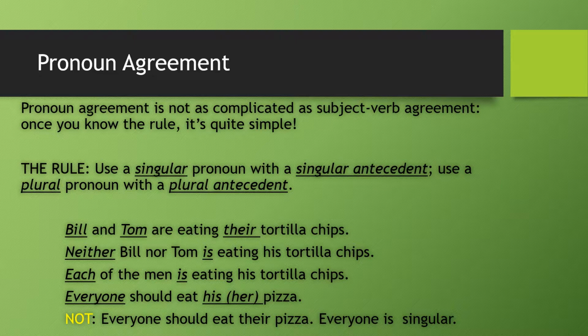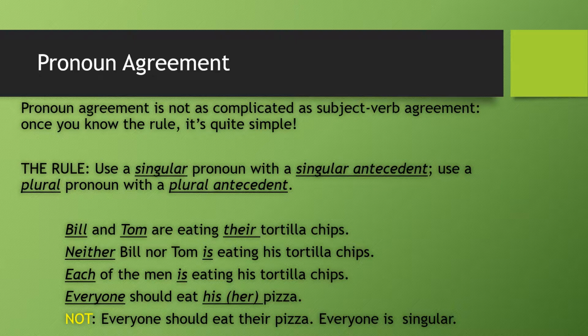Each of the men is eating his tortilla chips. Each is a singular noun, even though we have men, but men is the object of the preposition of, so each is eating his, singular pronoun.